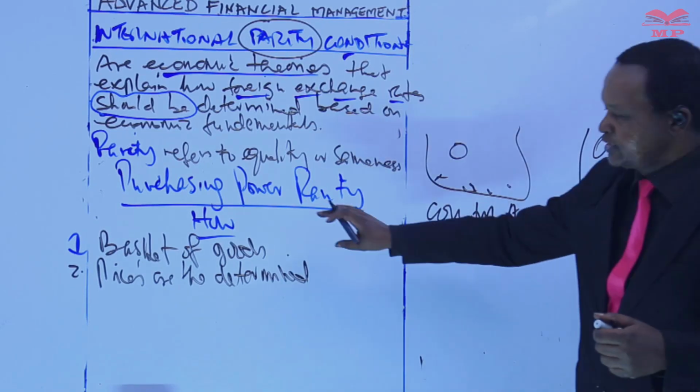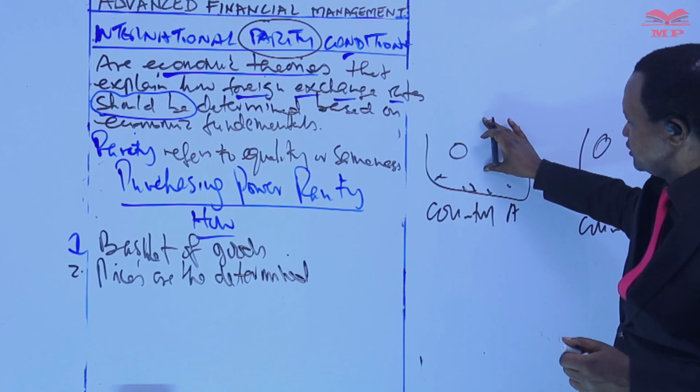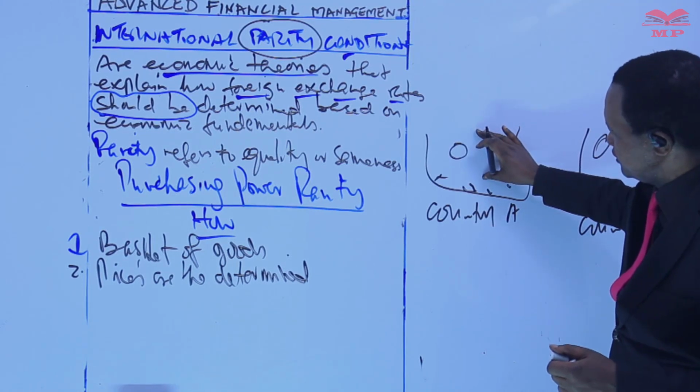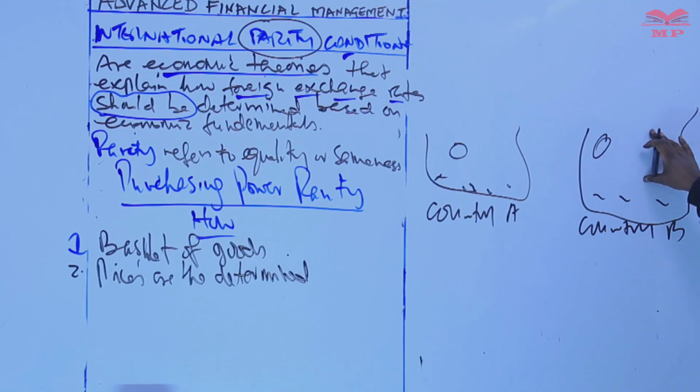So first there is a basket. There's a bucket of goods in country A. So the same goods in this bucket are the same goods in the other bucket for country B. Then the prices of each item in the basket are determined in both countries.